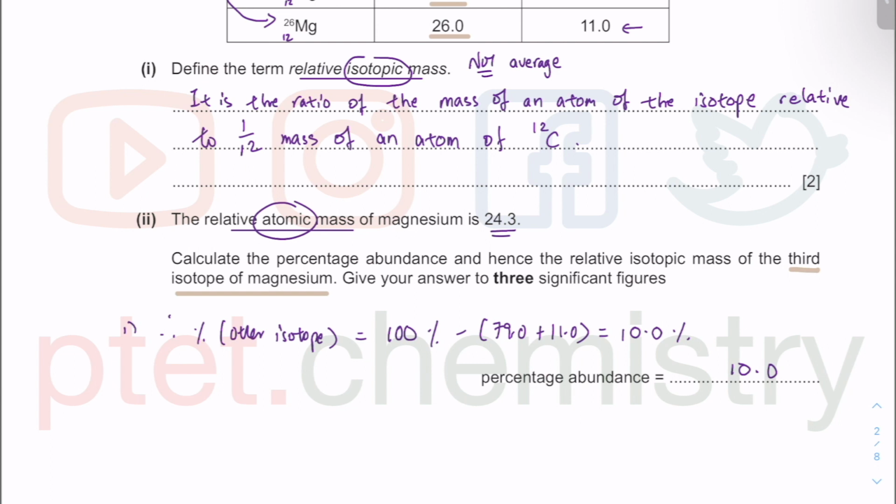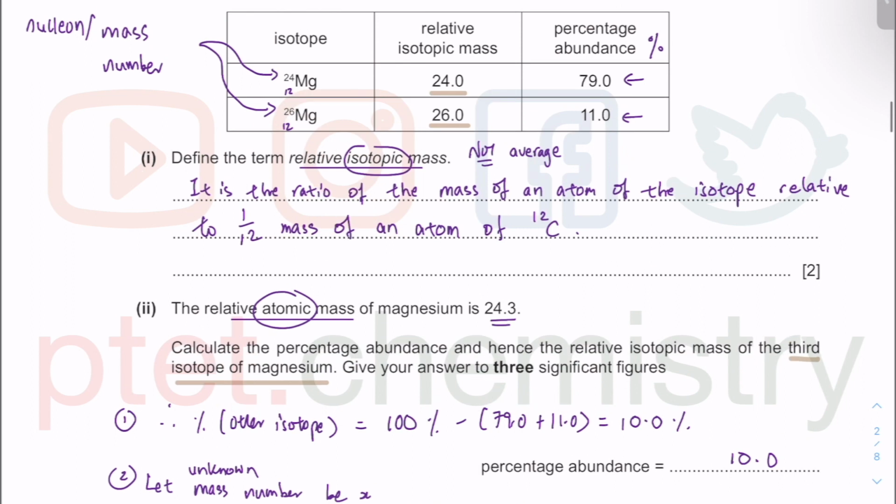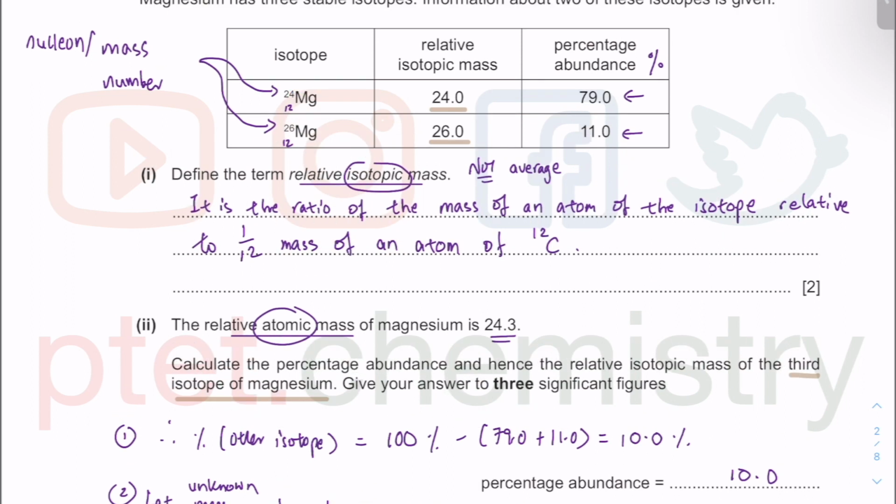Having done that, this is an algebra question. So let the unknown mass number, which you still don't know what it is yet, be x. And I know it's 10%. So the Ar, which is 24.3, is equal to something divided by 100%. On the top there, I started out from the mass number 24, 24.0 times 79.0.